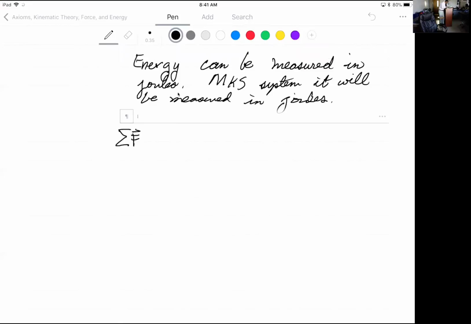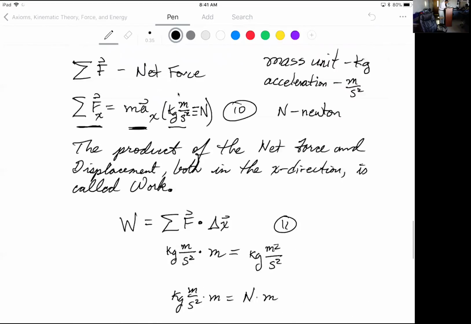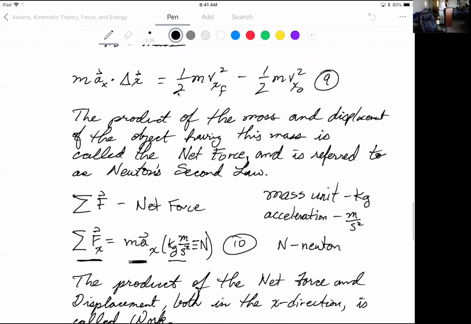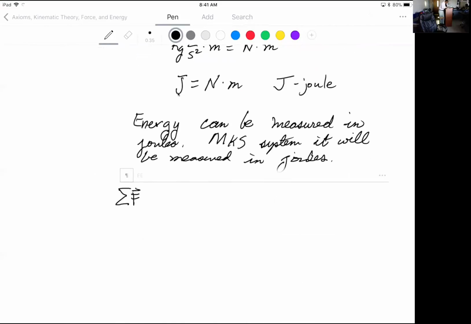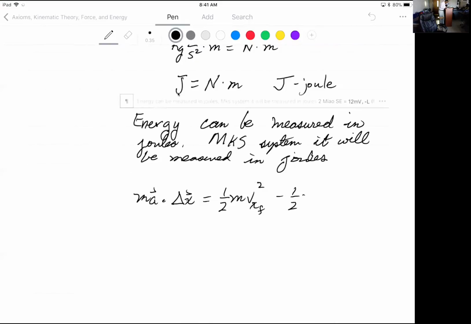So the net force, is that what I had up here? Oh, no. So mass times acceleration times the displacement equals 1/2 times the mass times the final velocity in the x direction squared minus 1/2 times the mass times the initial velocity in the x direction squared.